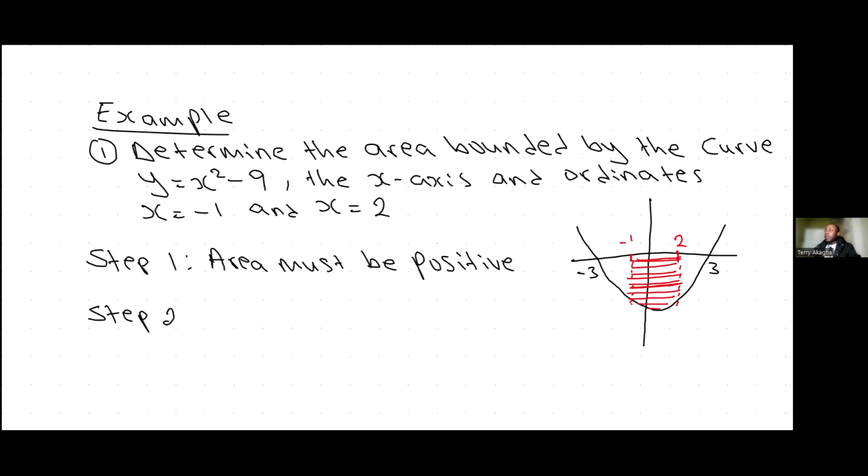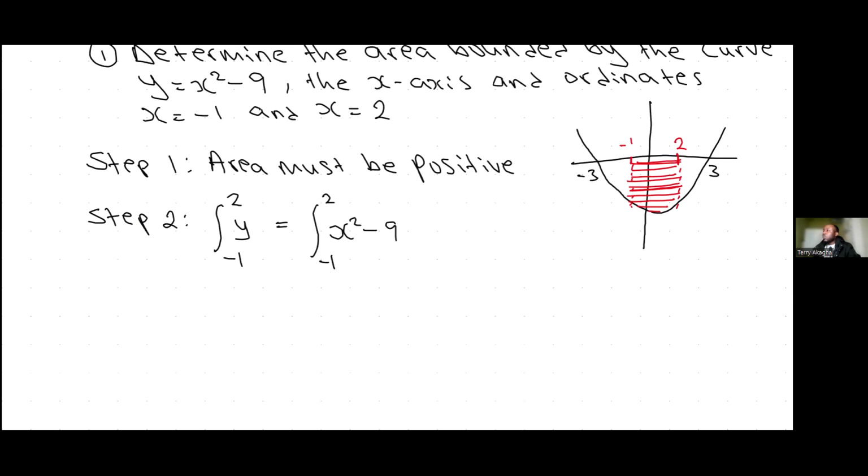We're meant to integrate this function between 2 and minus 1. I'm just integrating x squared minus 9 between 2 and minus 1.